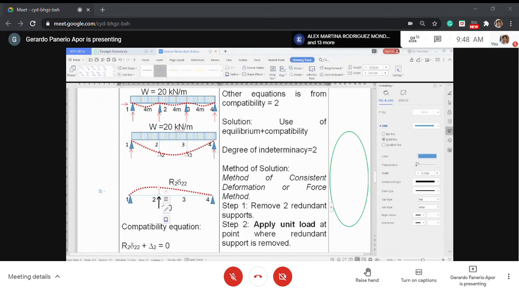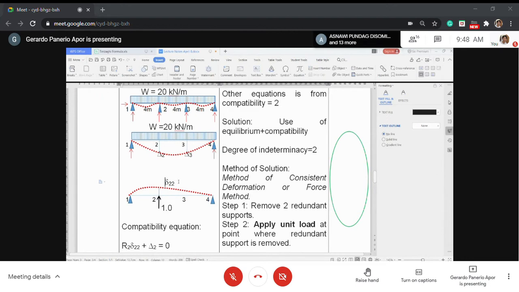That deflection is equal to, if we are going to use the two subscript system, you have the first subscript and second subscript. So the first subscript is where the load is being applied, and the second is where the deflection is being observed. So you apply load at 2 and you observe the deflection at point 2.